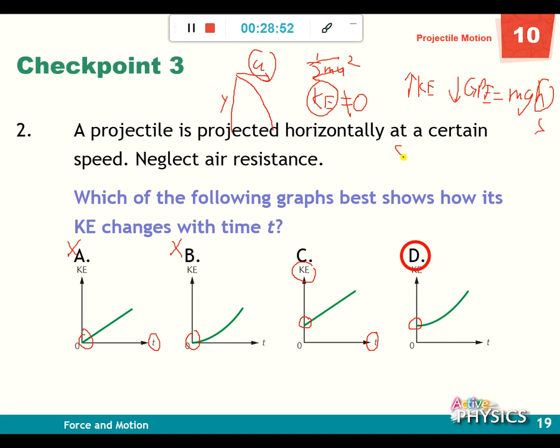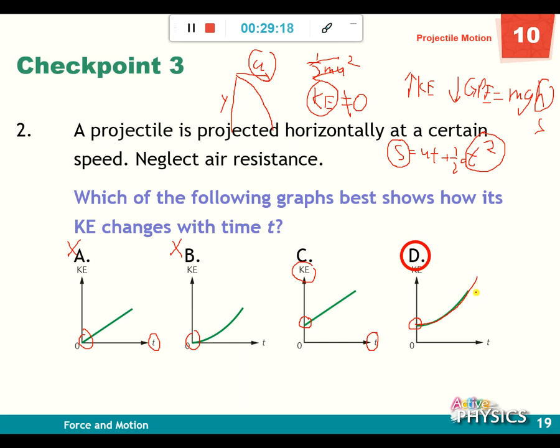And once again, s and t, what is the relationship? You should find that s equals ut plus half at square. You can see that the vertical displacement is related to time square. Square means quadratic, so it should be a curve. Then it should be like this.